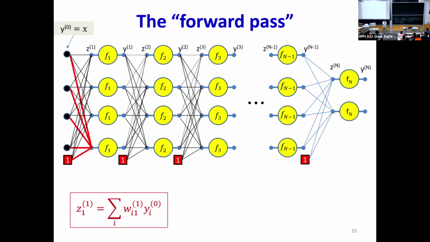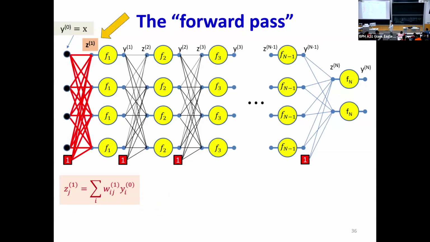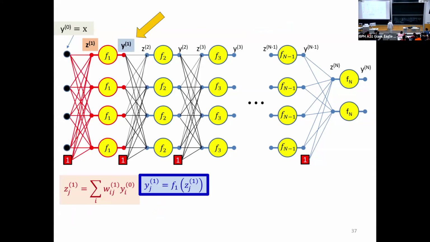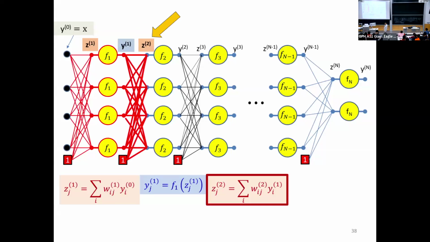And so any particular z value is just a weighted sum of all of the previous outputs. I can use this to compute all the z's for the first layer. Then every single z can now be put through the activation function to compute the y values for the first layer. Once I have all the y values for the first layer, I can use them with the same formula as before.